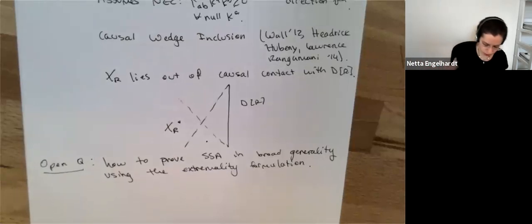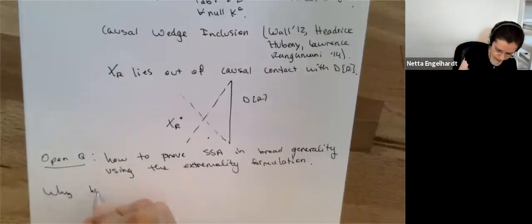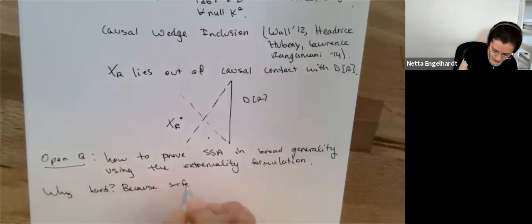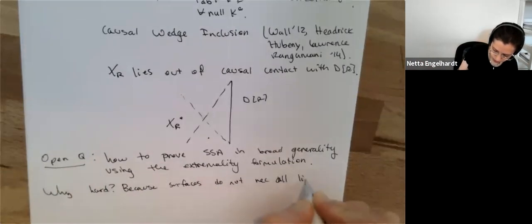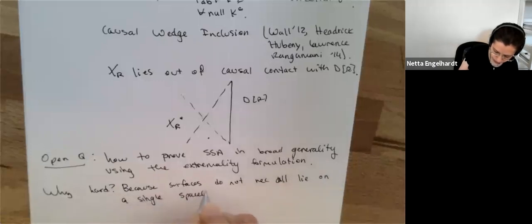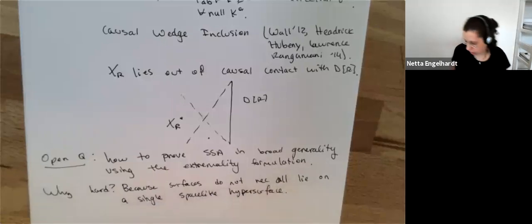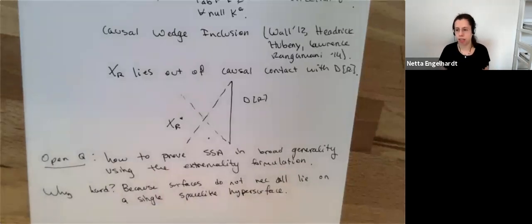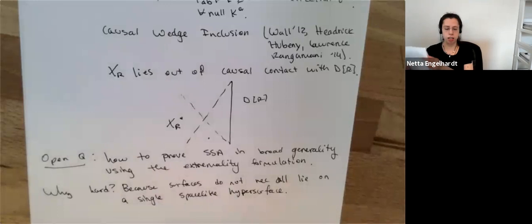So the reason that this is so difficult is because surfaces do not necessarily all lie on a single space-like hypersurface. And this is really where the power of maxi-min is going to be critical for us. So are there any questions so far on sort of the intuition behind why the difficulty comes up?